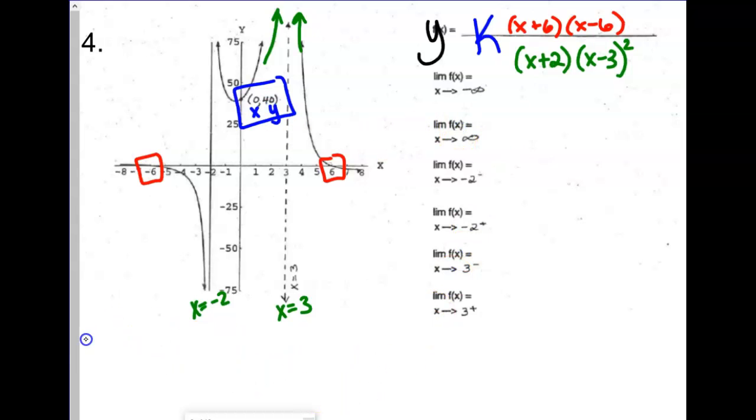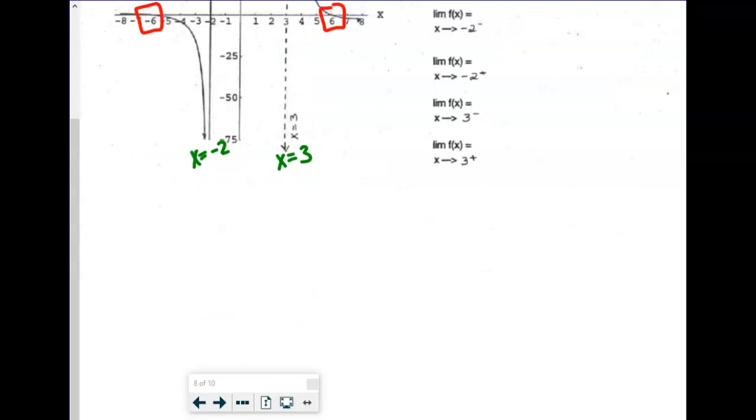So I need more room. Where's my extend a page? There we go. All right, so plugging in 40 for y. I don't know k. And of course, I can't remember anything we just did. Was it x plus 6, x minus 6?